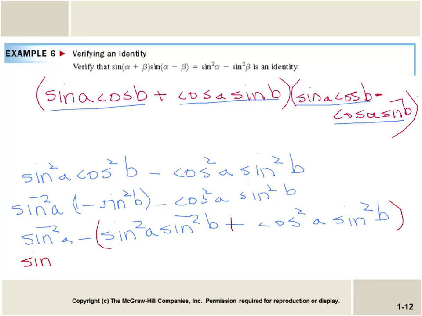Then I have sine squared A minus, and I'm going to factor out a sine squared B. And what I have left is sine squared A plus cosine squared A. Right? Does everybody see that?